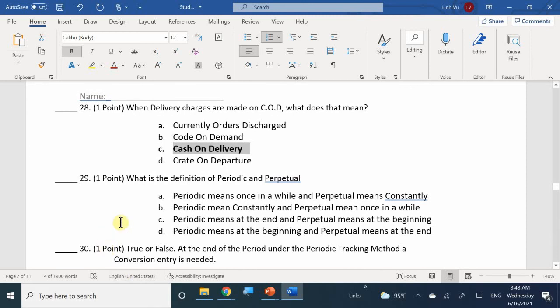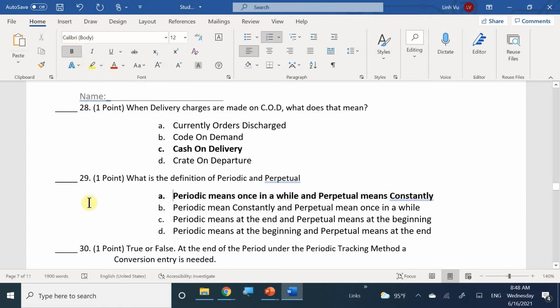Number 29. Okay. What is the definition of periodic and perpetual? A. Periodic means once in a while, and perpetual means constantly. Yes. In this case, I'm asking you what the actual English term is. So, yes. Okay.